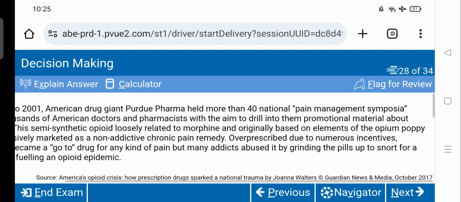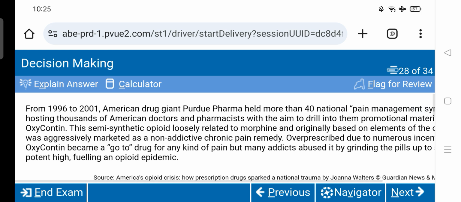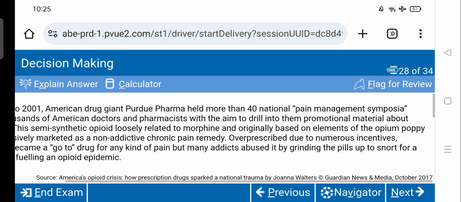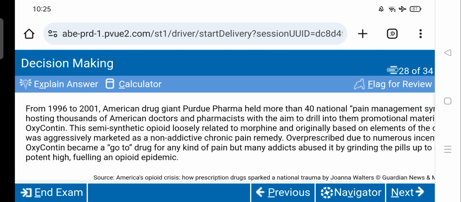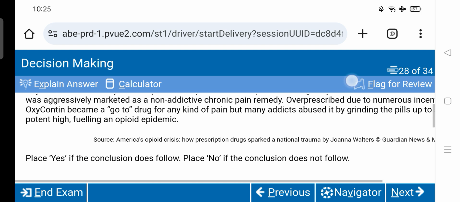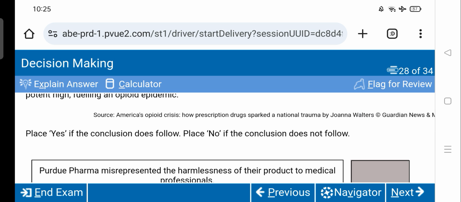Overprescribed due to numerous incentives, OxyContin became a go-to drug for any kind of pain, but many addicts abused it by grinding the pills up to snort for a potent high, fueling an opioid epidemic. So place yes if the conclusion does follow, and place no if the conclusion does not follow.